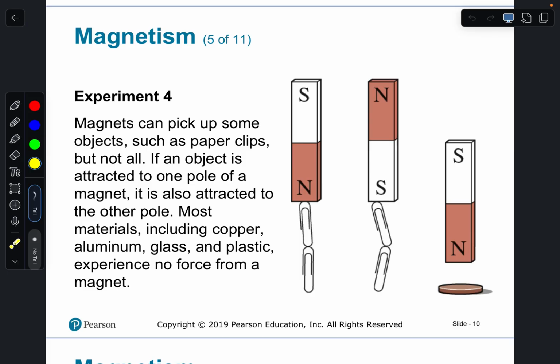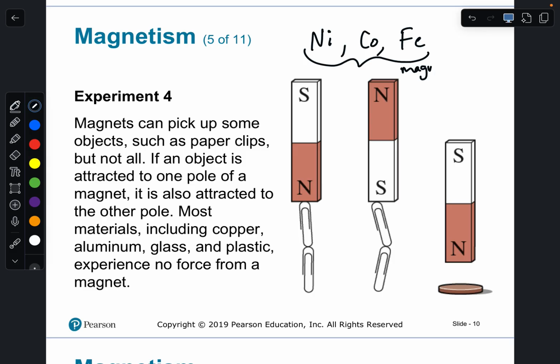There's a few on the periodic table that are magnetic: nickel, cobalt, iron are the three main magnetic materials. There's others too. Okay, copper, not magnetic. Plastic, not magnetic. Aluminum, not magnetic.